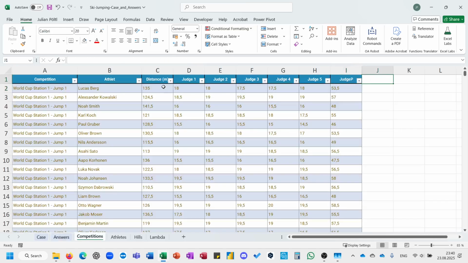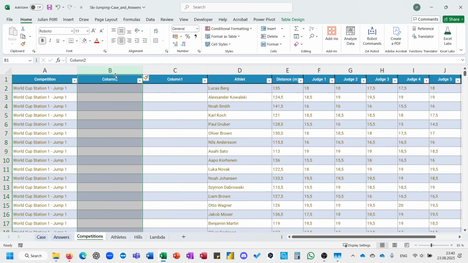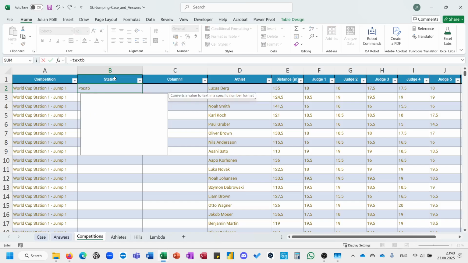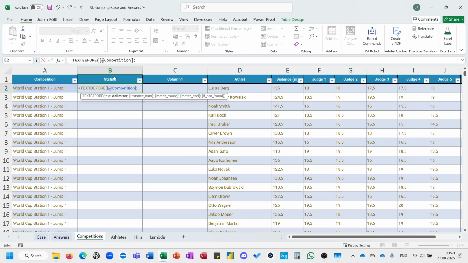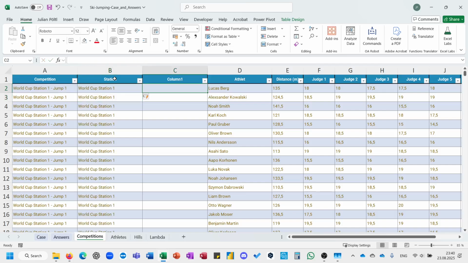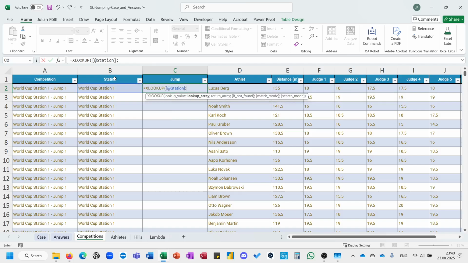So here, I first want to know the jump, first the station text before, and if you work in those tables and you later need some parts of it, you can simply use it. And therefore, it's sometimes better to work in tables than doing it single cell or something.